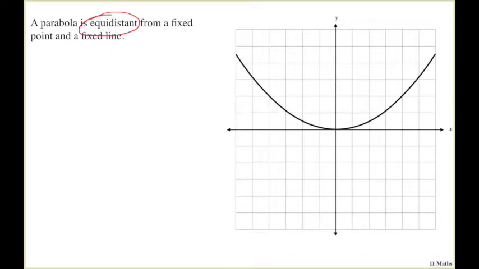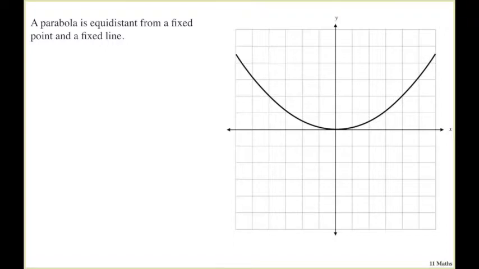And that fixed point is called the focus, and the fixed line is called the directrix. And when I draw a line from the focus to my parabola and back to the directrix, that's the same length. If I went out the other way, from the focus to the parabola, and then from the focus to the directrix, it is the same length. So effectively, we need to remember that that's always a fixed length.